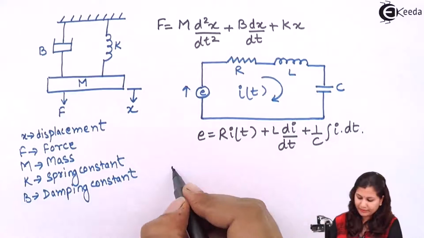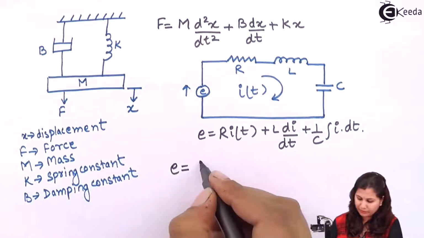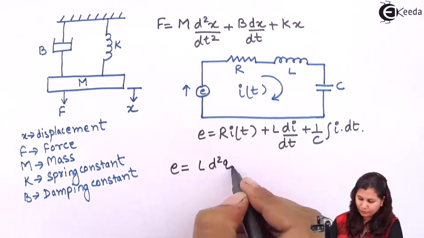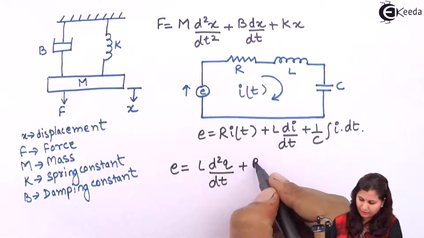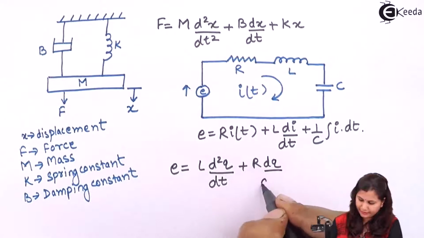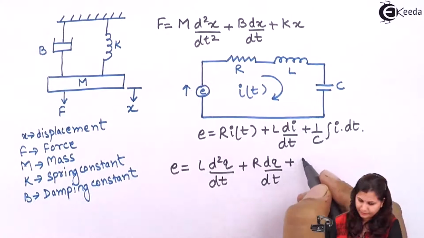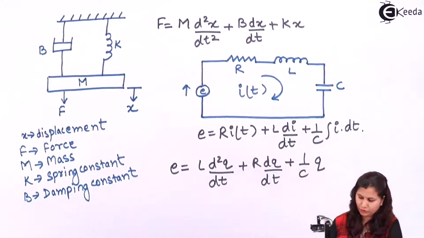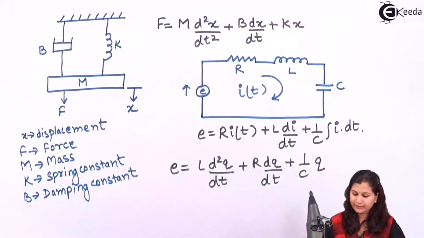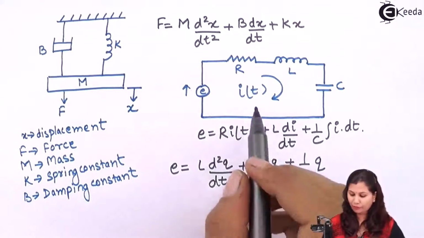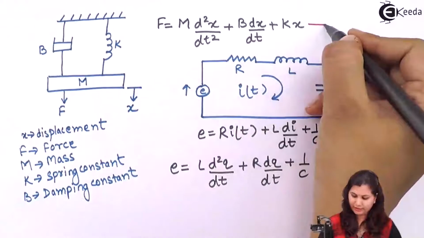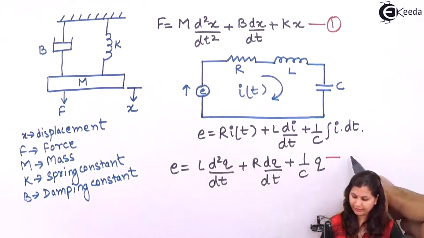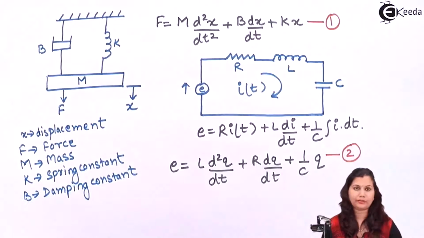Now if we replace the current with the charge, it will be L d2q by dt square plus R dq by dt plus 1 upon C q. So this is the mathematical representation of this electrical system. So we have two equations. This is the first equation and this is our second equation.